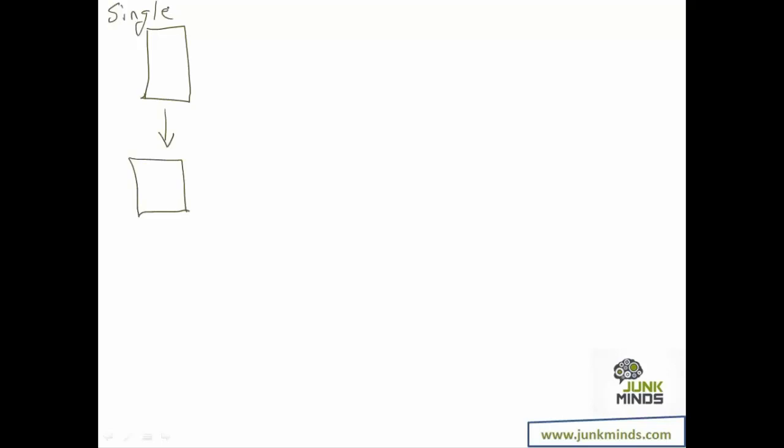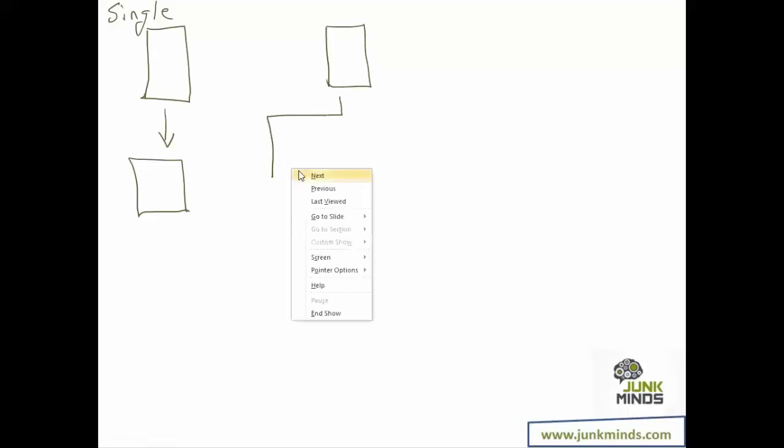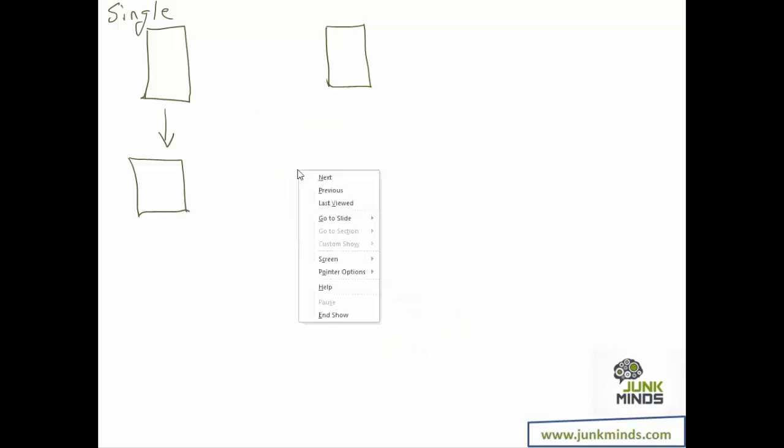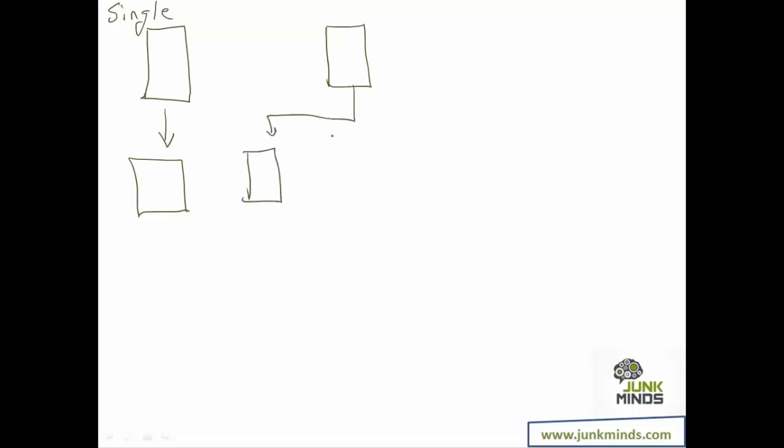Then I have something called as hierarchical inheritance. Now, what do you mean by hierarchical inheritance? आपके पास एक base class होगा, इसमें से I've created this first derived class, then I can create another derived class, then I can create any number of derived classes like this.